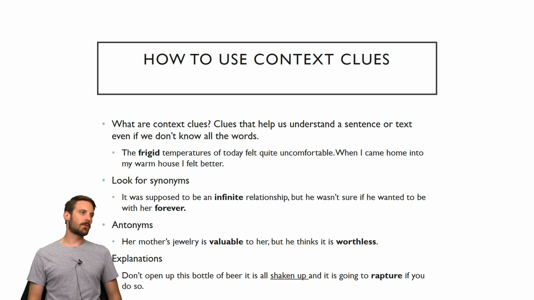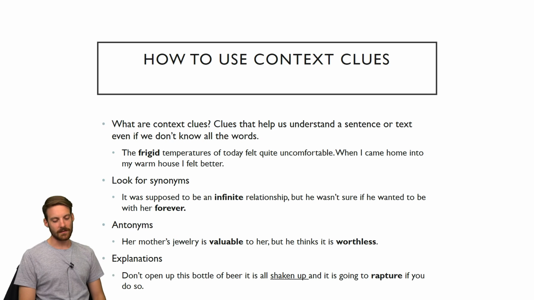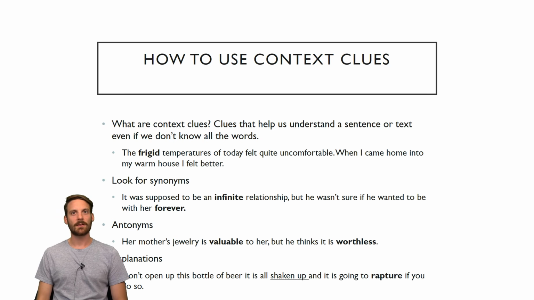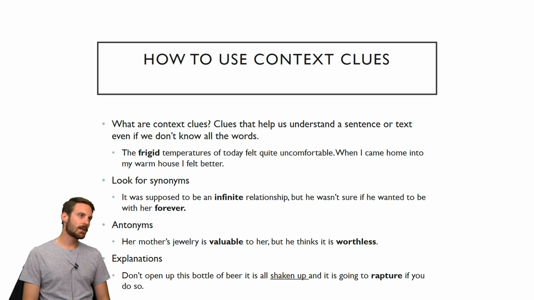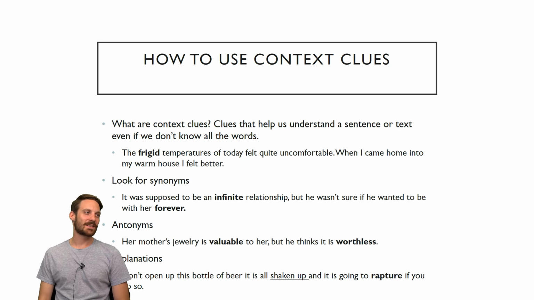It was supposed to be an infinite relationship, but he wasn't sure if he wanted to be with her forever. Beautiful sentence, I know, I'm very creative. I hope you comment on this, my creativity. I'm just joking. It was supposed to be an infinite relationship, but he wasn't sure, blah blah blah, with her forever.